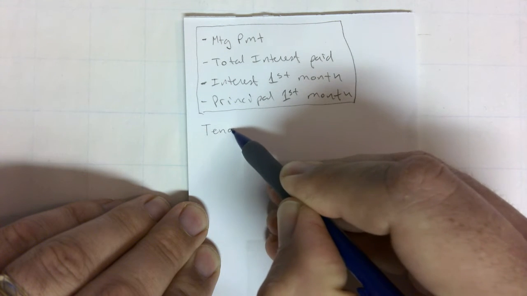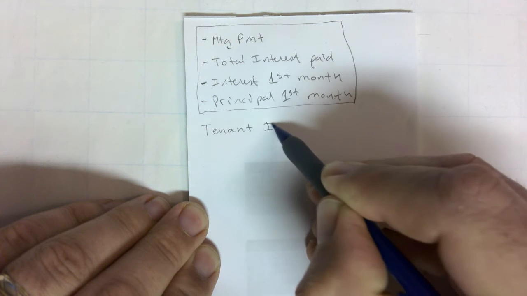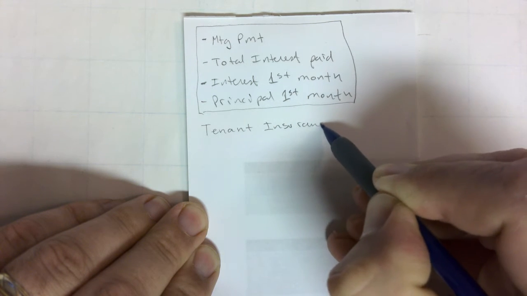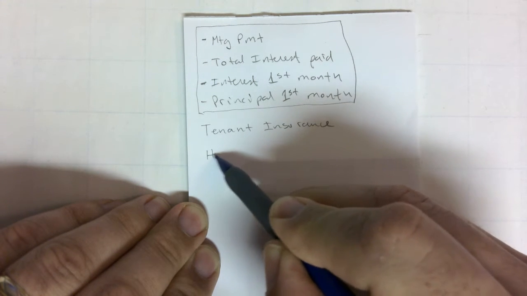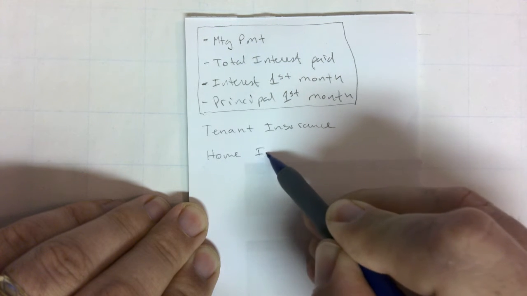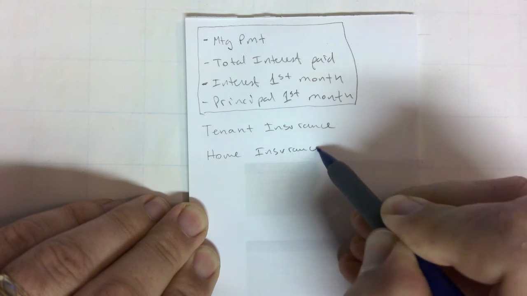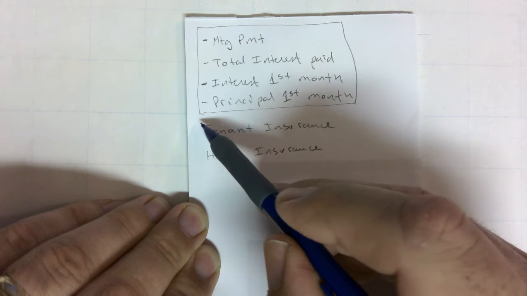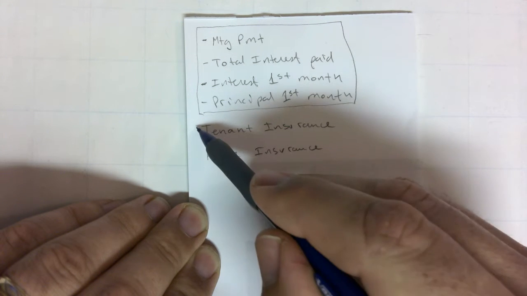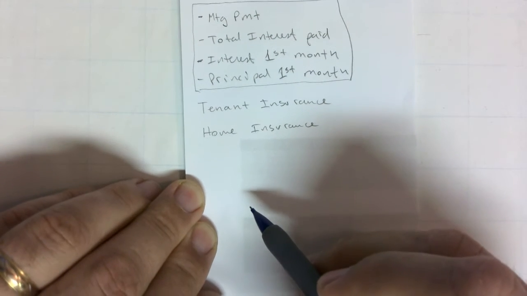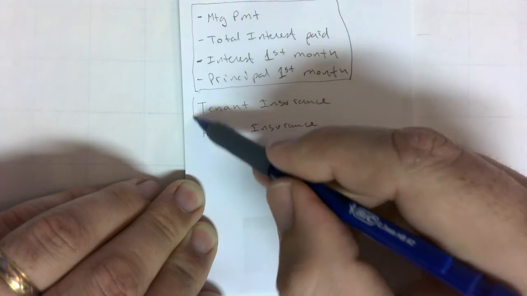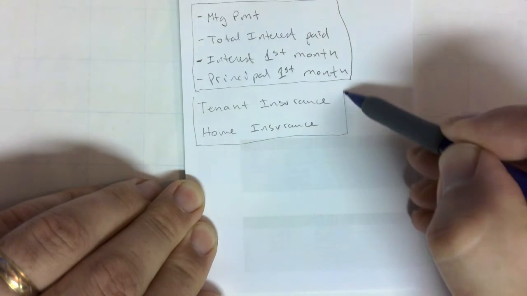And then we talked about insurance, right? We had tenant insurance and we had home insurance. How to do that, right? So that took us a little, I guess the formula, right? Have that formula that I gave you for it.